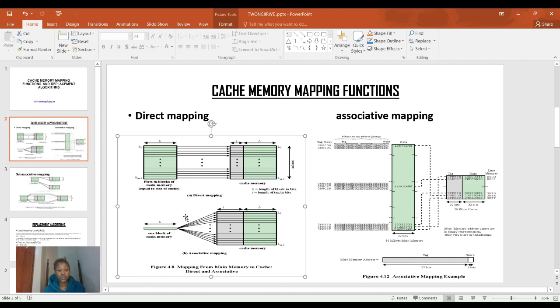Next, we have associative mapping. This overcomes the disadvantage of direct mapping, permitting each main memory block to be loaded into any line of the cache.